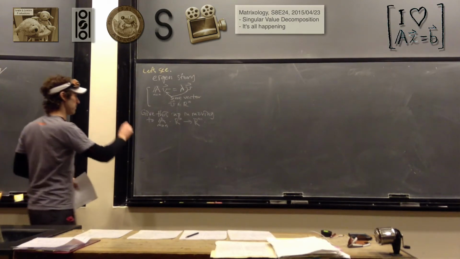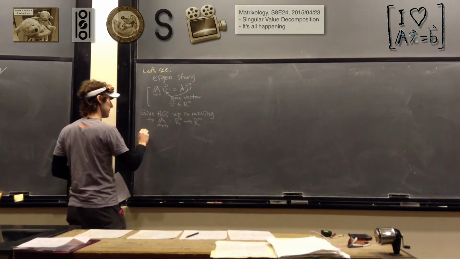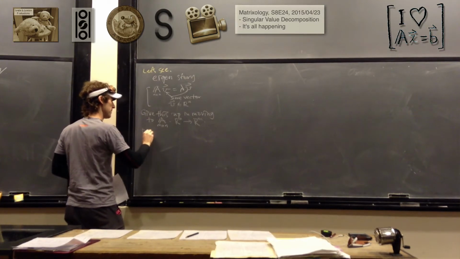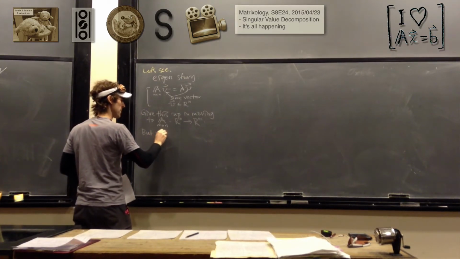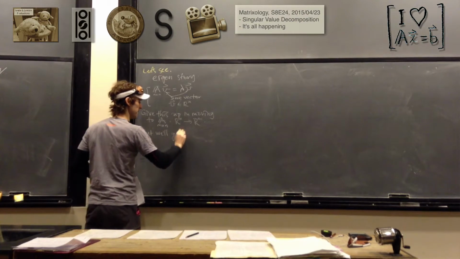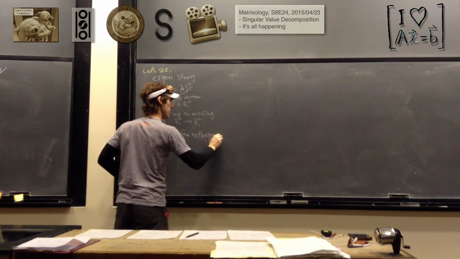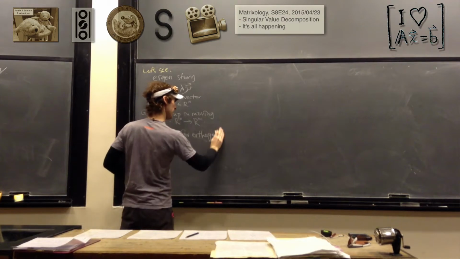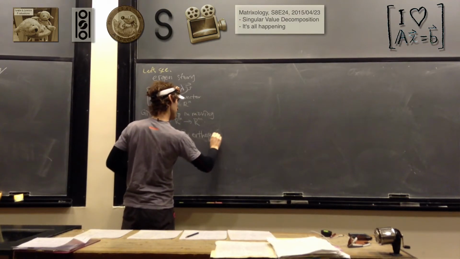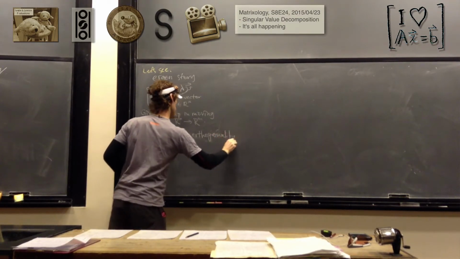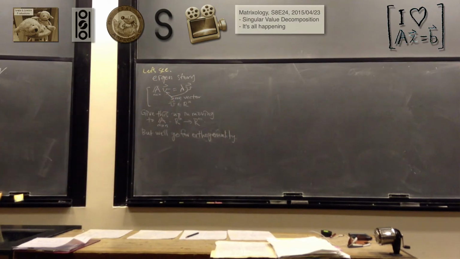But we really like orthogonality. So we'll give this up, but we'll go for orthogonality. Orthogonality was not guaranteed for eigenvectors.